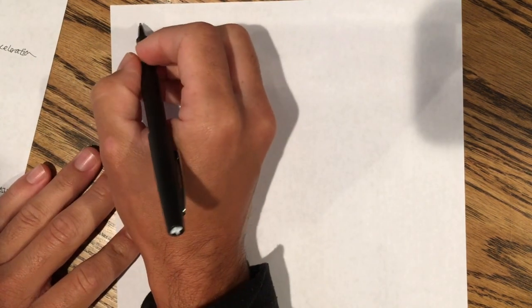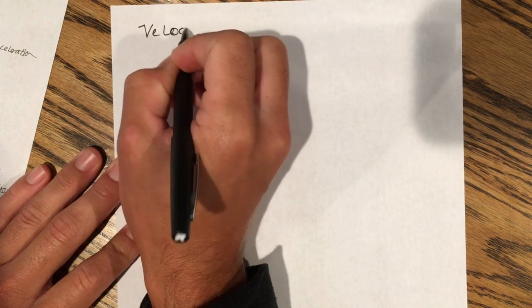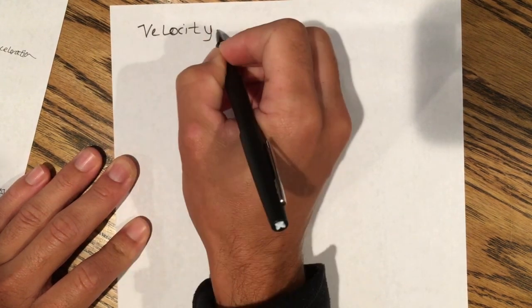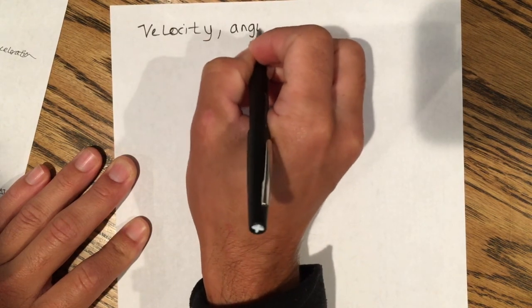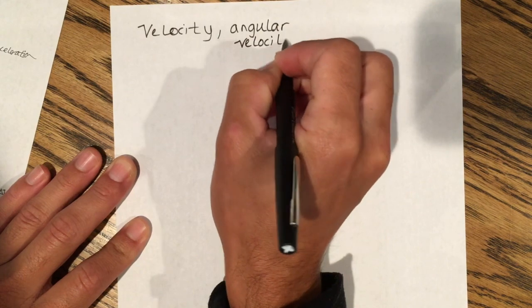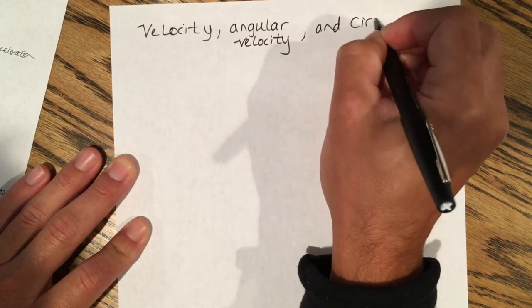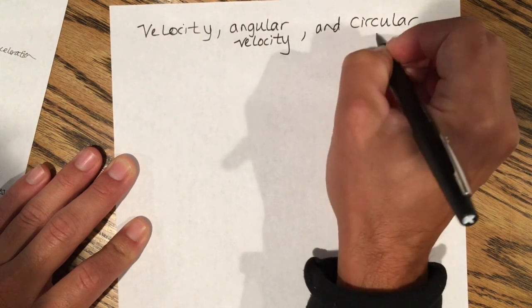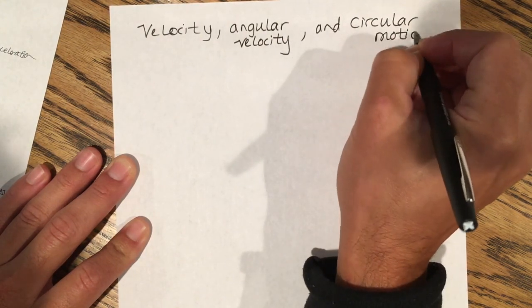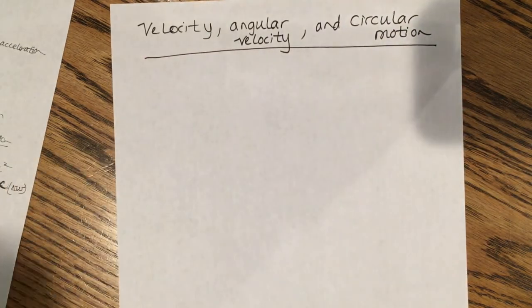And I guess I should say there's a relationship between velocity, angular velocity, and circular motion. So specifically, what is that relationship, right?